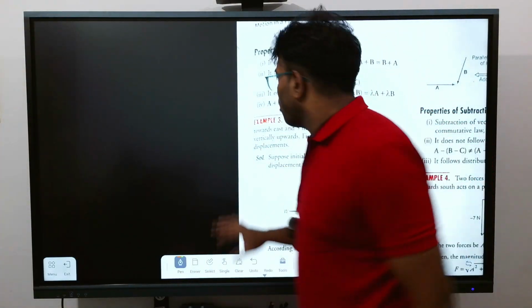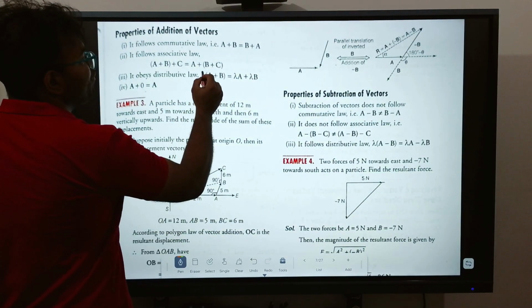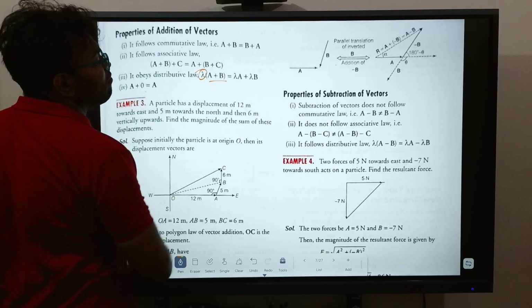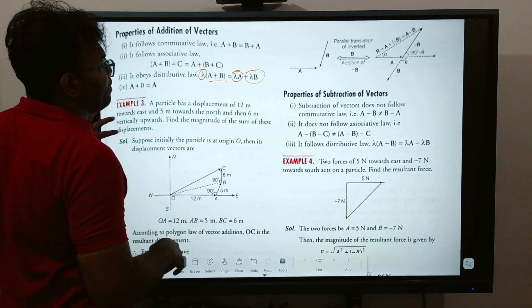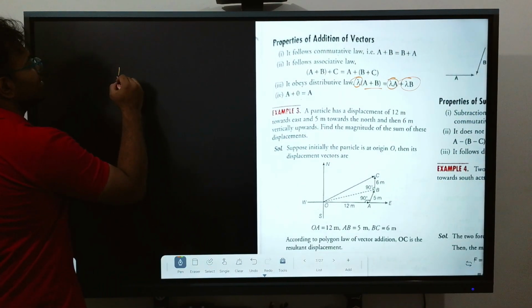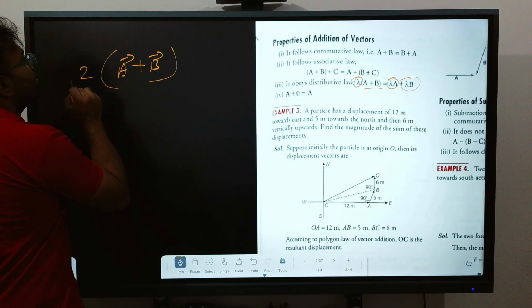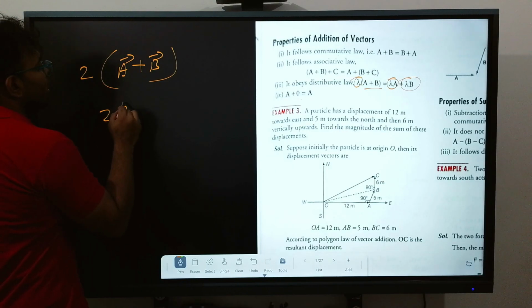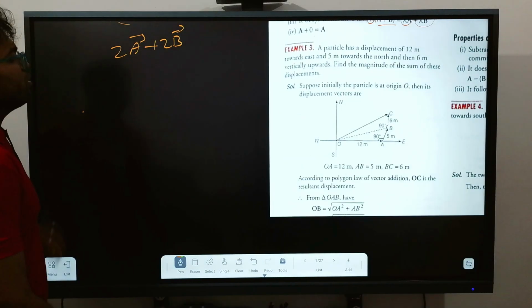And they also obey the distributive law. That is, if you multiply a scalar with the sum of two vectors, both these vectors will become lambda A plus lambda B. For example, if you have two vectors, A vector plus B vector, the whole multiplied by 2, you get 2A vector plus 2B vector. You know how you can show this? You can show this like this.